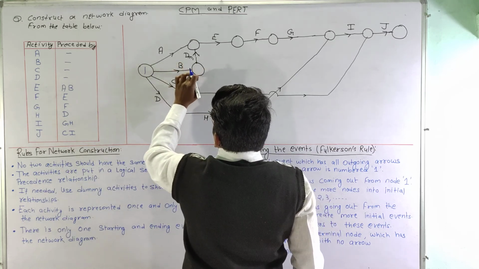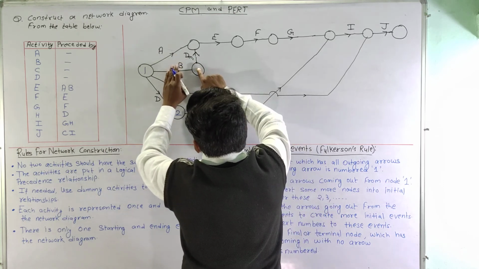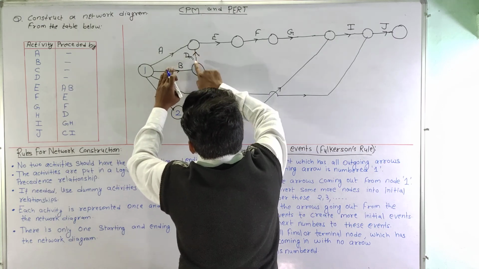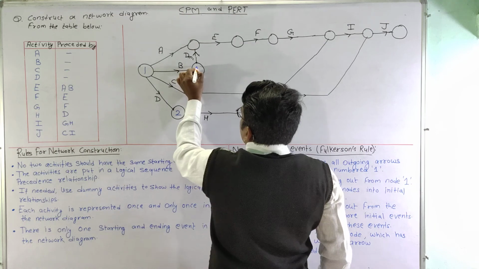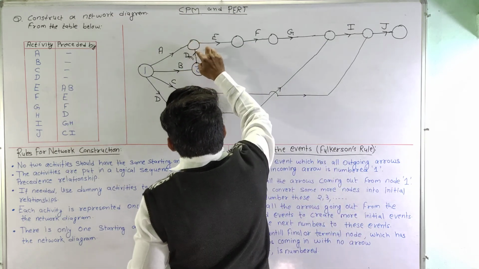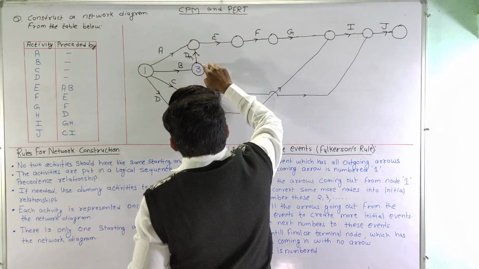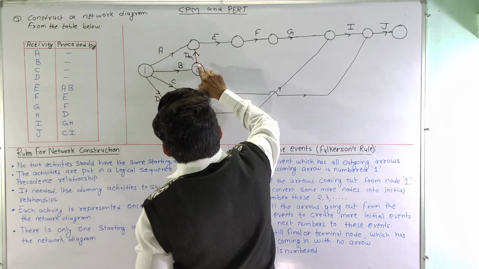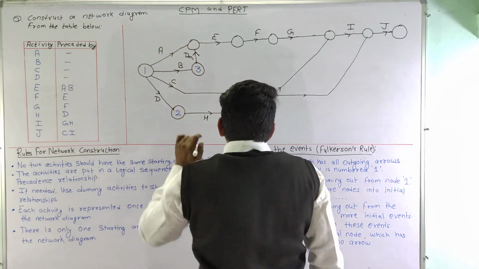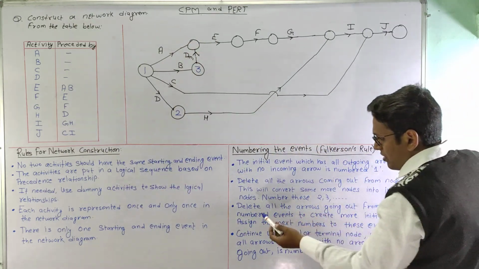Similarly, if activity B has been erased, then it can be assumed as an initial event because it has only one outgoing arrow, so this can be termed as 3. Next, we will consider this one, and because there is one dummy arrow coming at this point, we will label it afterwards. So let us see what it has been given.